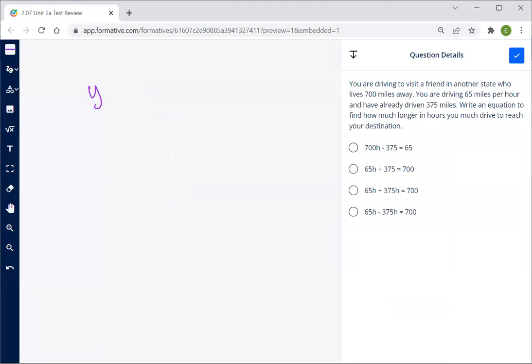So again, we have our y equals mx plus b. Remember, each, per, okay, this is your starting, or initial, or constant. Okay, and this is your total, right? Or your final amount.